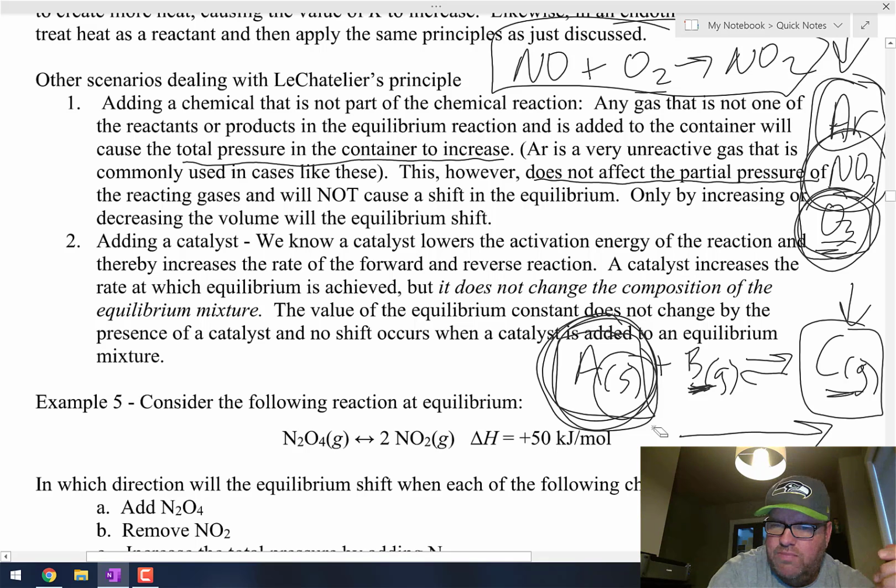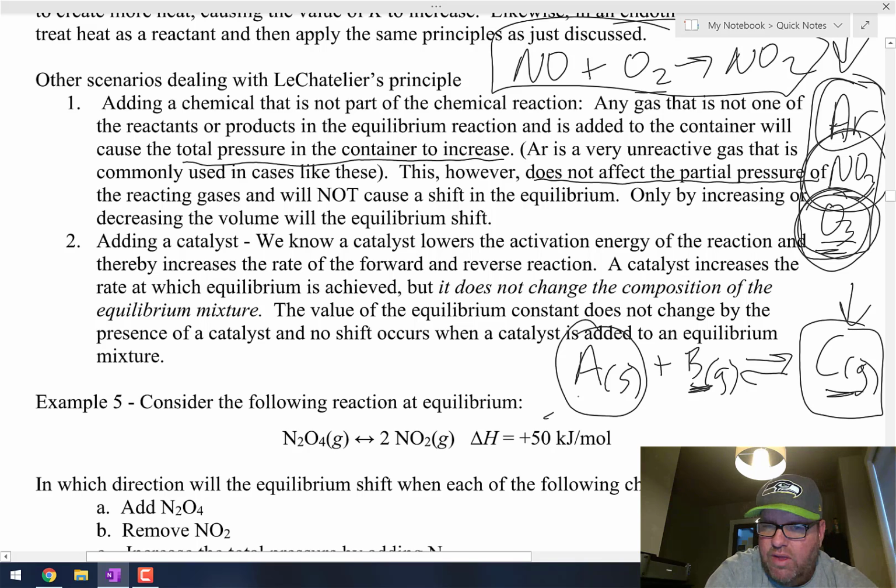because you have to use that solid to make more of that product. Now, what if I add some solid to that container? If I add some A to that container, what happens? Nothing, because that's not part of the equilibrium system. So changing an amount of a solid or a liquid in that container does not cause a shift to occur.